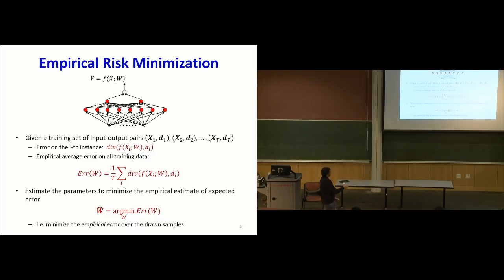And the average of these is what I've written as error, we also often call it a loss. The point is it's a function of the parameters. And we are going to try to estimate the parameters to minimize this. So this is an instance of empirical risk.